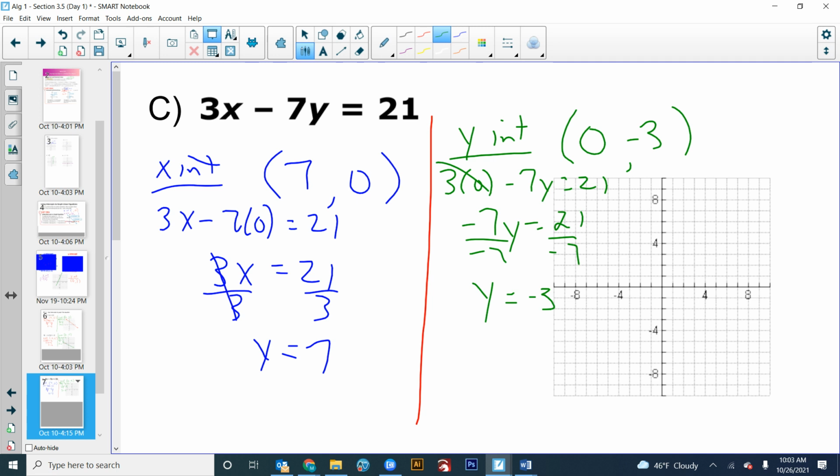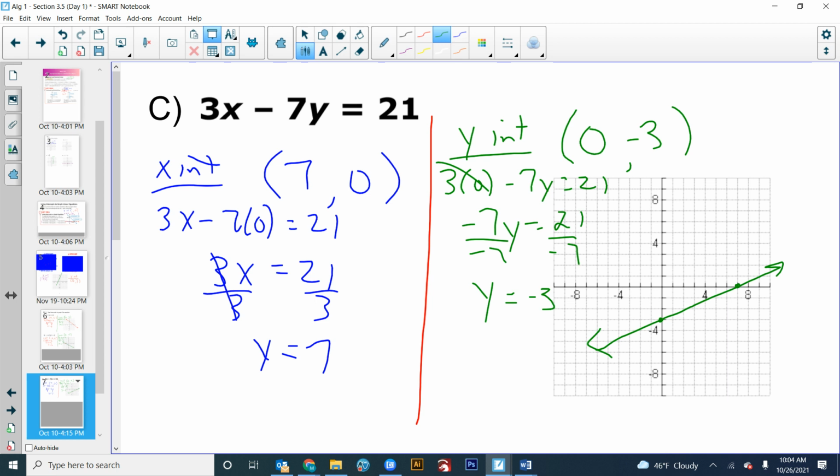That's my y-intercept. Okay, so we got 7, 0 and 0, negative 3. Now, is that the only 2? Guys, there's a bunch of points on that line that would balance that equation out. Okay? Bunch of them.